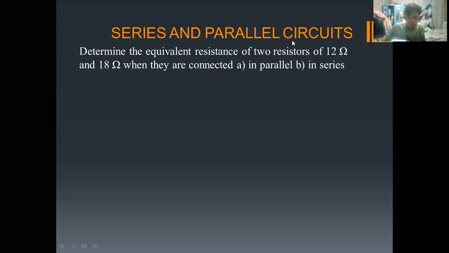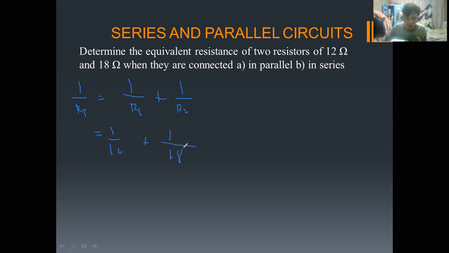Para dito sa parallel circuit natin, ang formula natin kanina is 1 over R total equals 1 over R1 plus 1 over R2. Pag sinubstitute natin, meron tayong 1 over 12 plus 1 over 18.